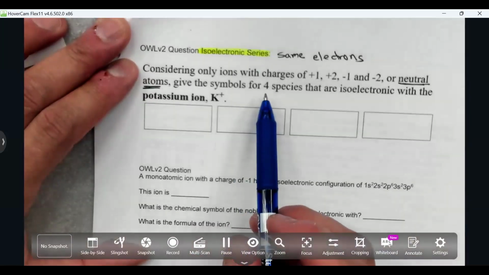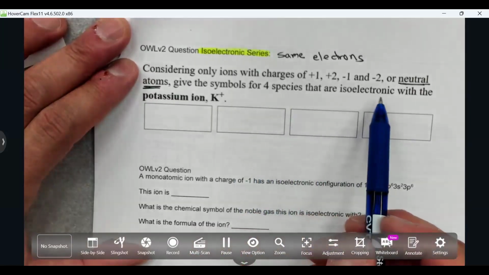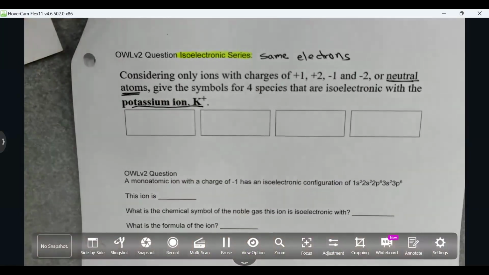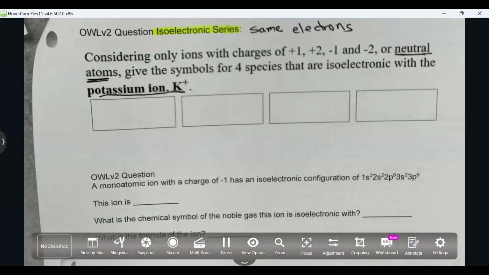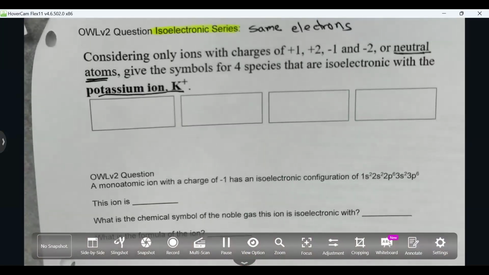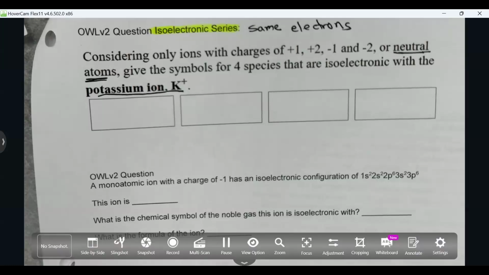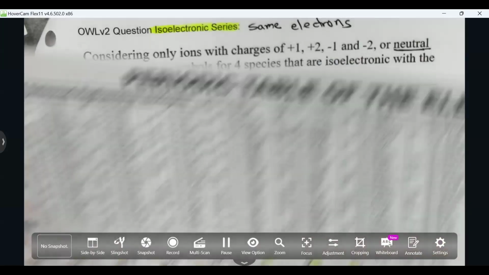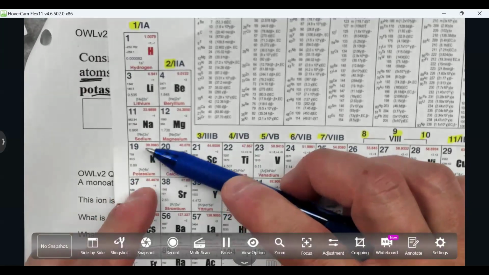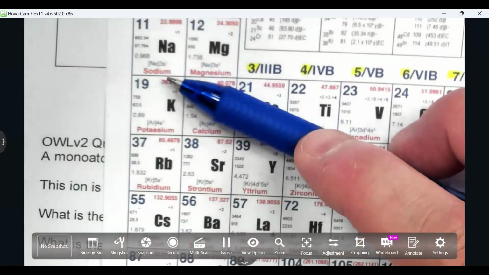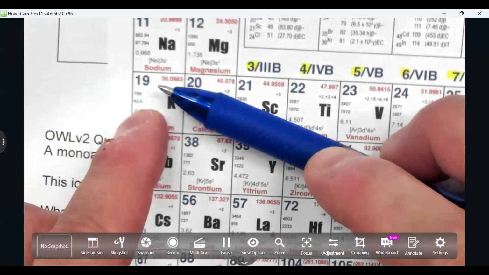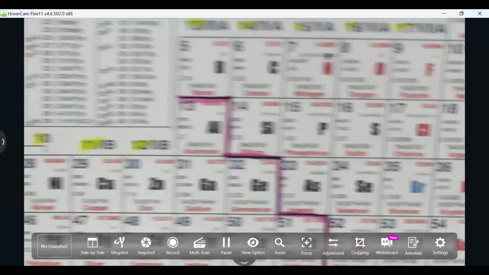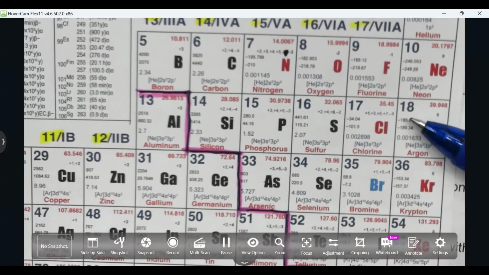Give the symbols for 4 species that are isoelectronic with potassium ion. How many electrons does a potassium ion have? +1, so it got rid of 1 electron, correct? It started out with 19 electrons. If it has a +1 charge, it's going to be 18 like argon, correct?